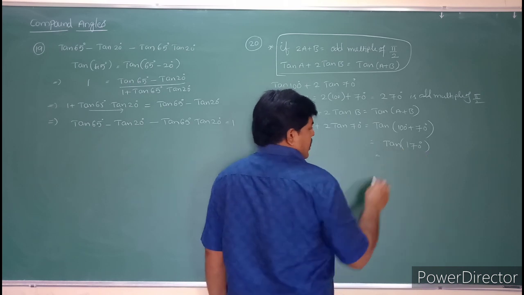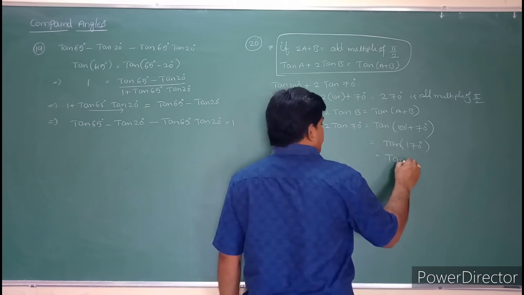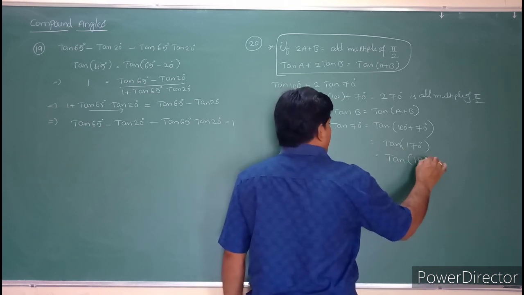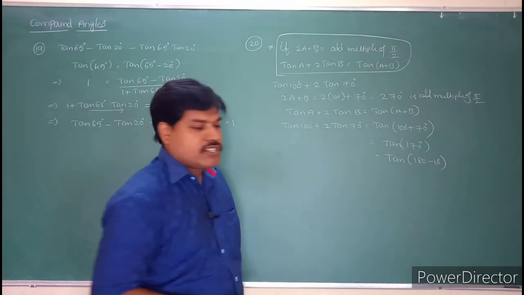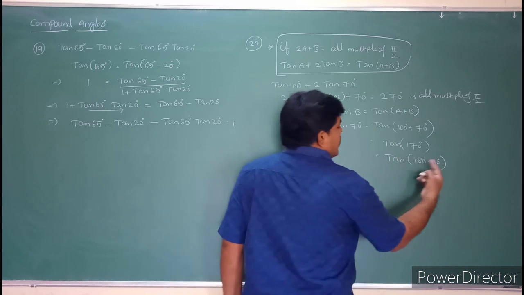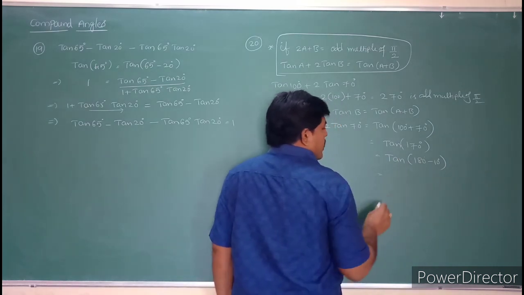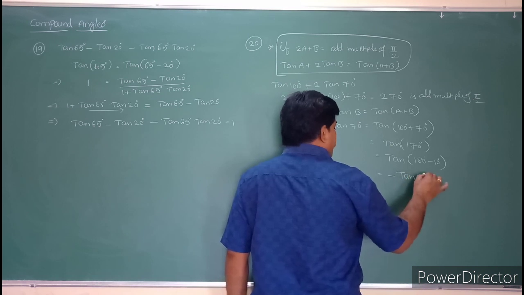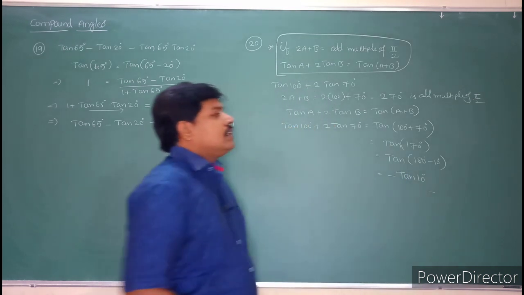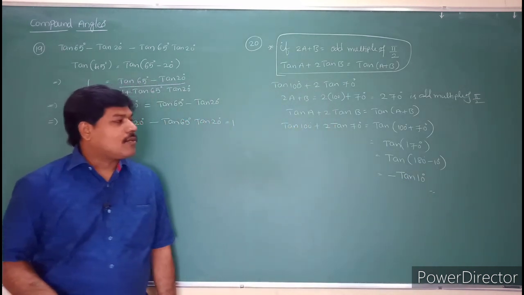Tan 170 you can write as 180 minus 10. So tan of 180 minus theta is nothing but minus tan theta. So see that question, students.